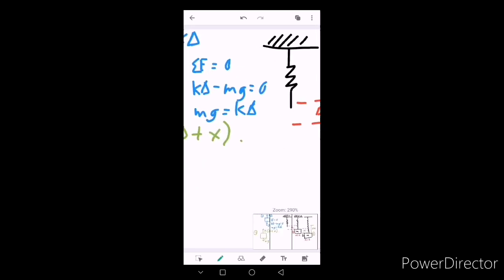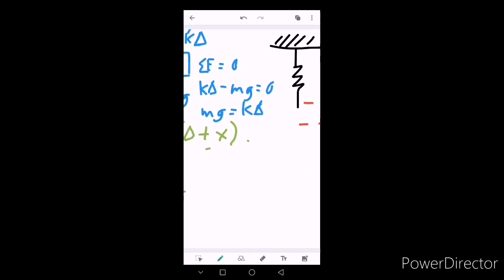So, again, the summation of forces acting on our body would be equal to mass times gravity minus k times delta plus x.